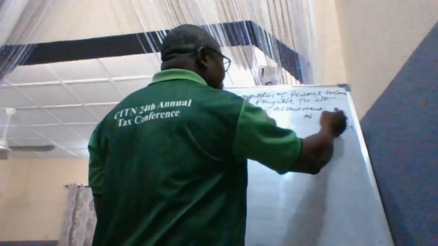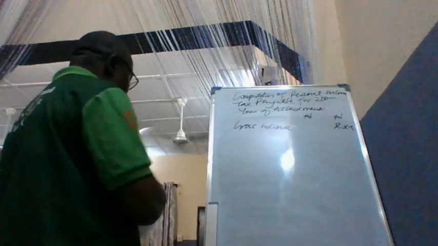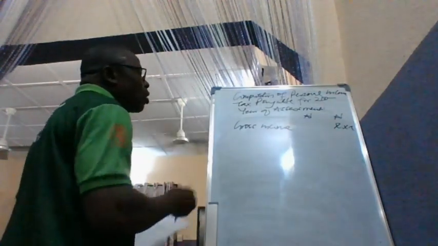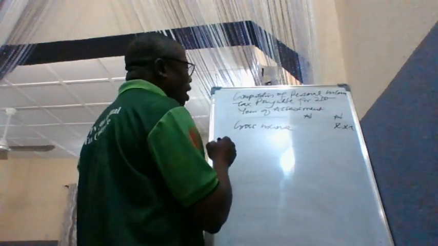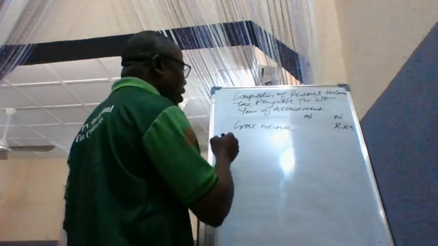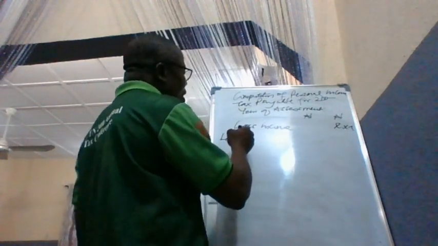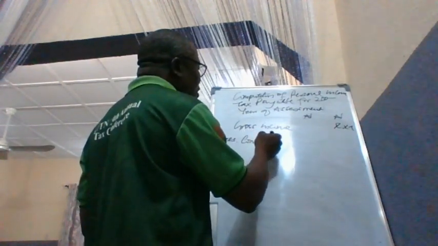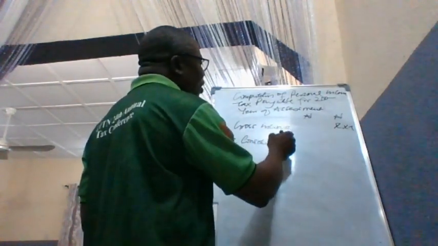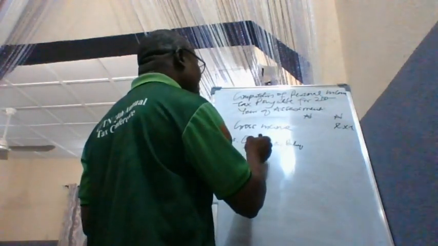This is your gross income. Then after the gross income, the next one is to less your consolidated relief allowance, CRA, less consolidated relief allowance.